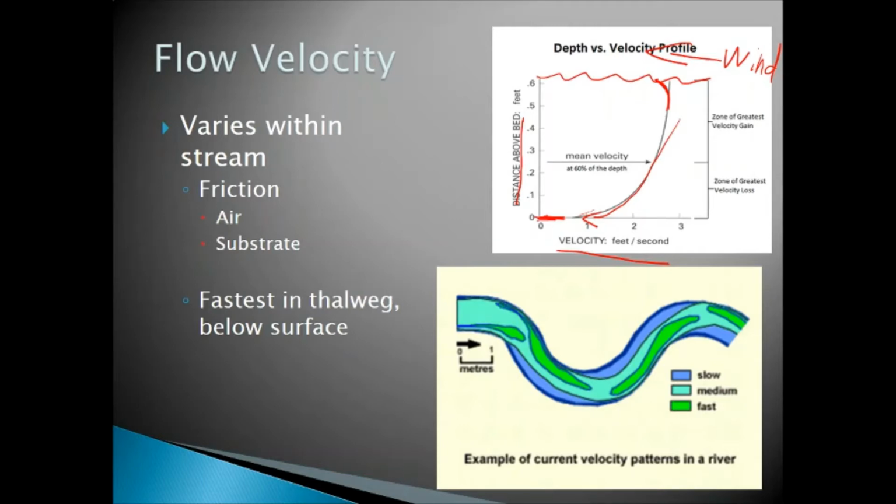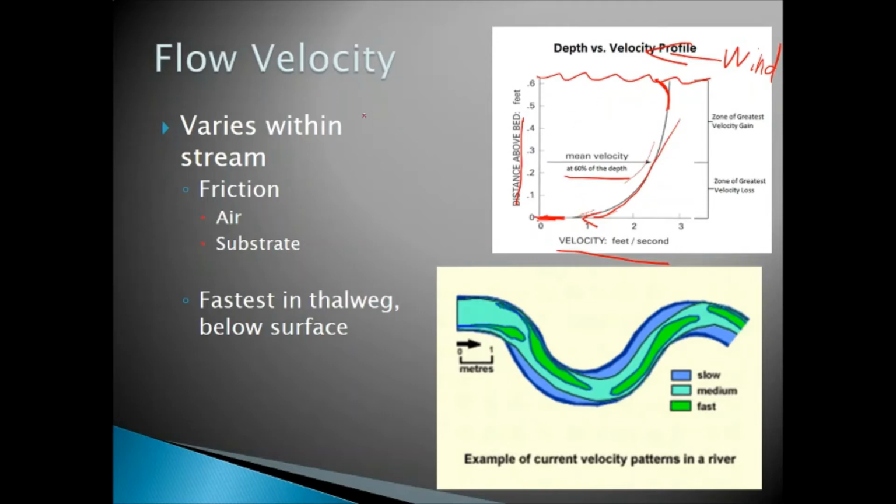So what we see is mean velocity is at 60% of the depth. That means average velocity. If you want to figure out the average velocity of the water throughout the whole water column, you would estimate it somewhere at 60% of depth.